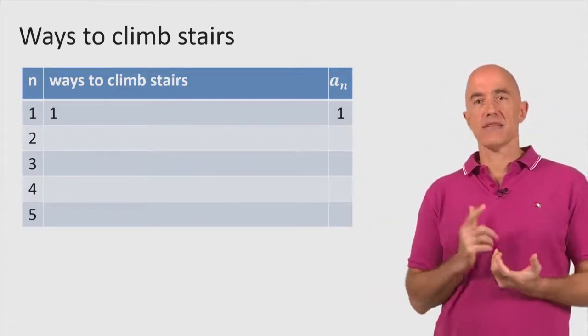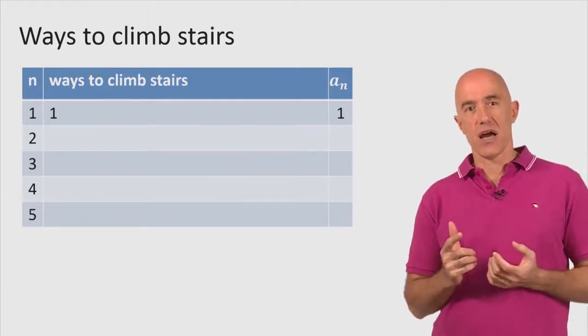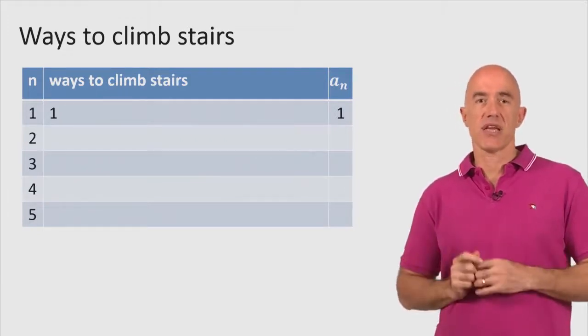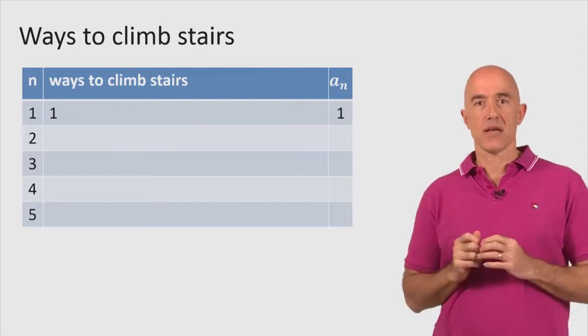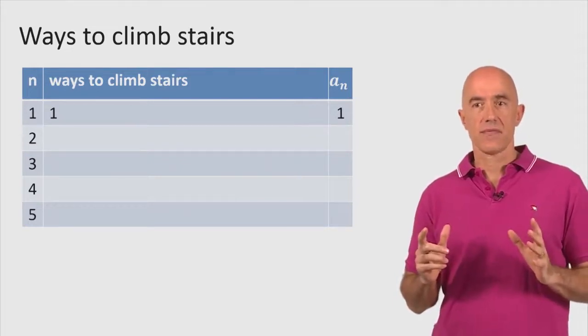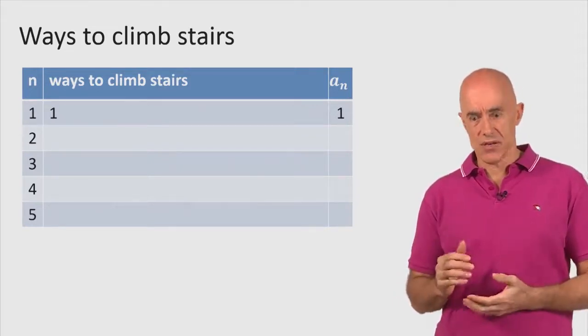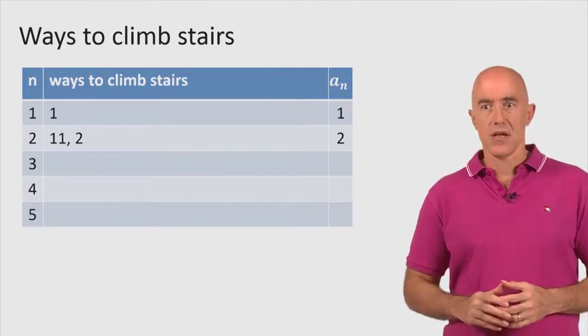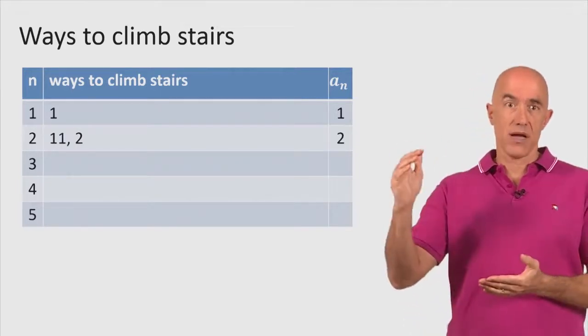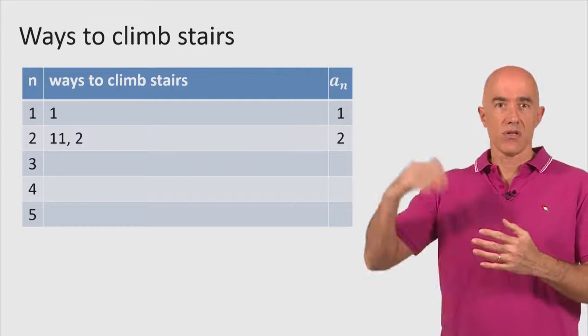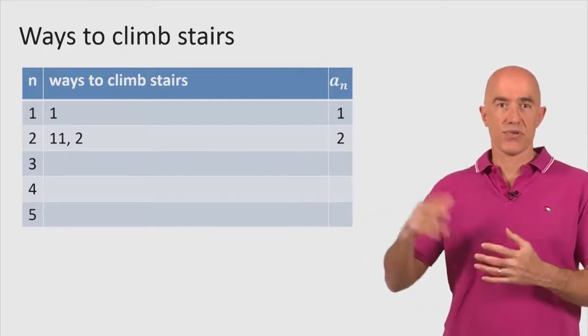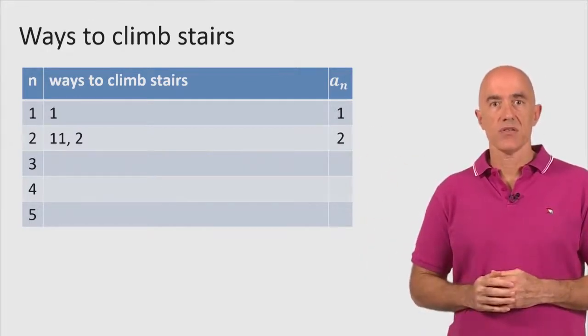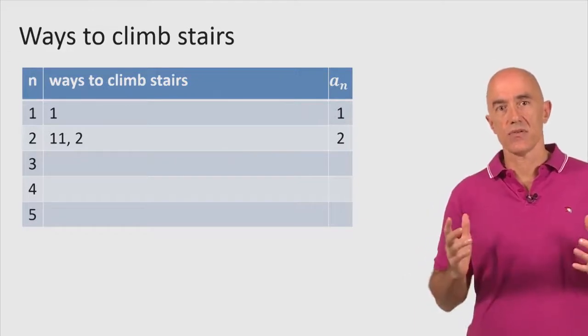So we call a sub n the number of ways you can climb an n-stair staircase. So a sub 1 is 1. If we have 2 stairs in the staircase, then we can climb 1, 1, or we can just climb 2, go up both stairs at the same time. So a sub 2 then is equal to 2.